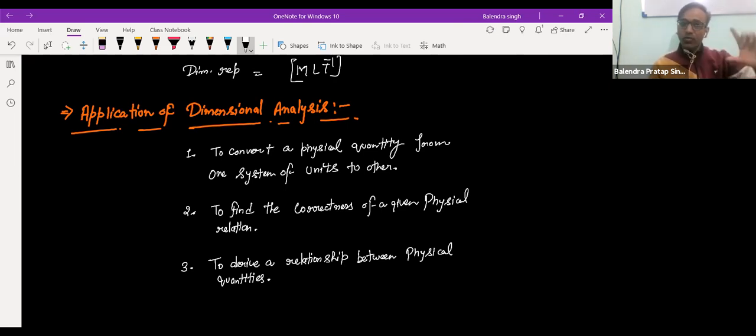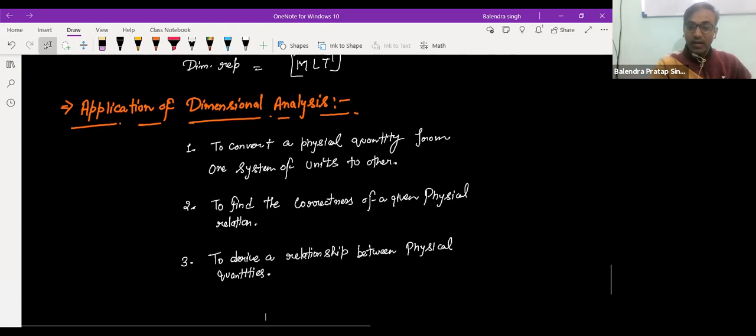Suppose force depends on mass and acceleration, but you don't know how this relation takes place, what the exact equation is. Suppose force depends on distance, and force also depends on mass, but it may be a reciprocal term, in the denominator or numerator, it can be anywhere.